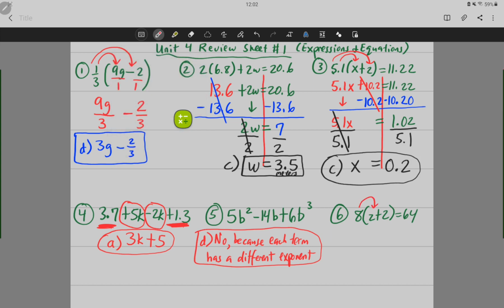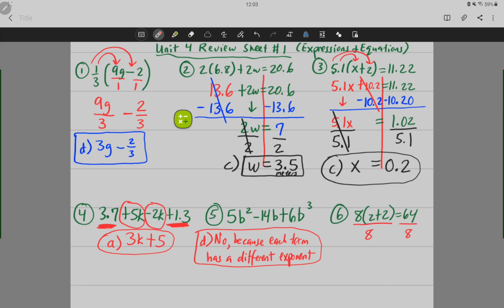Multiply 8 times z, 8 times positive 2, and go from there. But since I already showed that way for number 3, I'm actually going to do the other way that we learned. So instead of multiplying, making the numbers bigger, I can make it smaller by dividing. So I'm going to divide by that number on the outside, that 8.